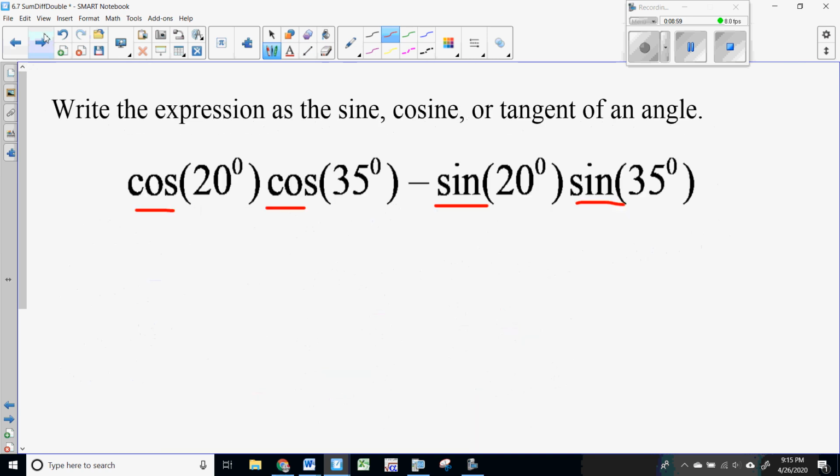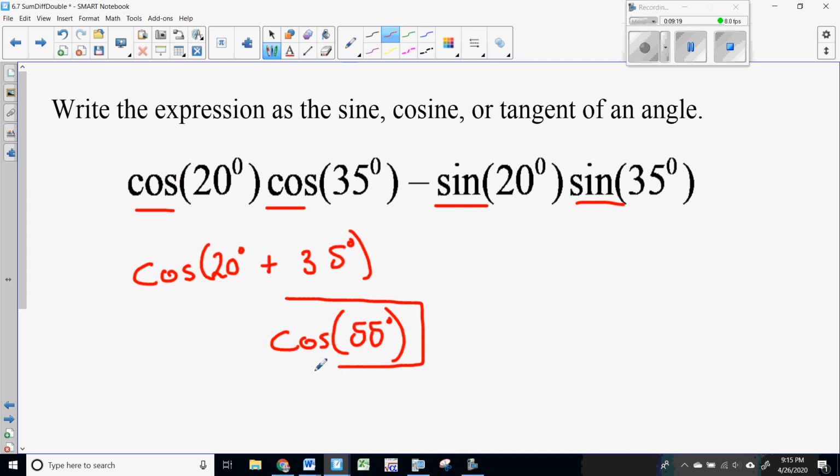So this is going to be the cosine of 20 and 35. This is a minus, so this is a plus. So this is equal to cosine of 55.